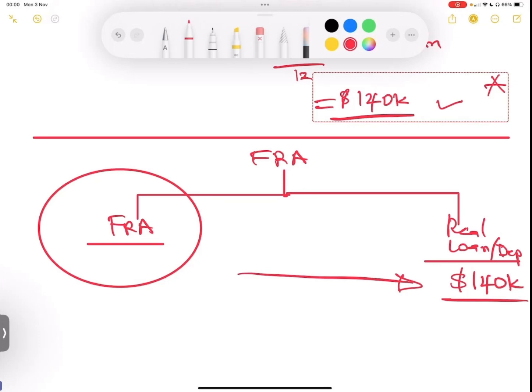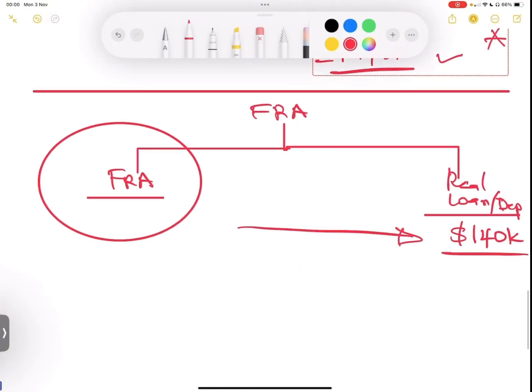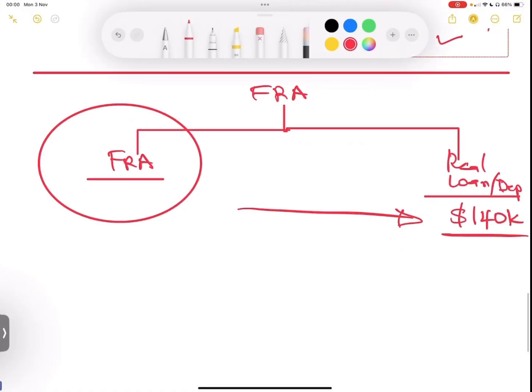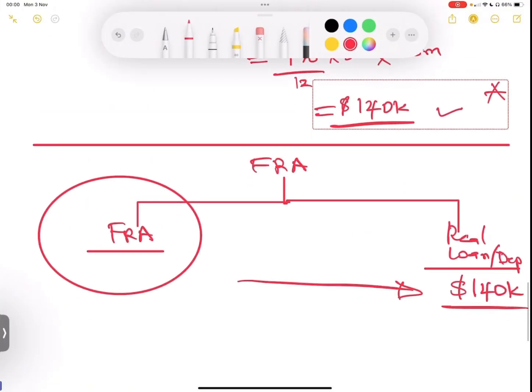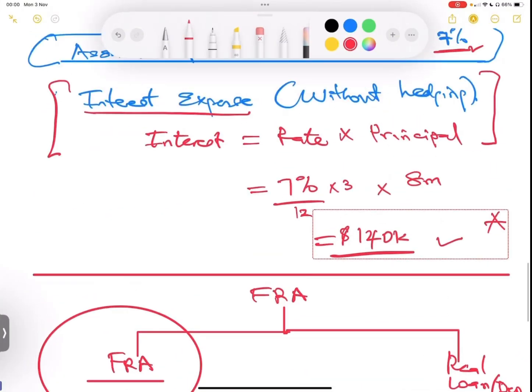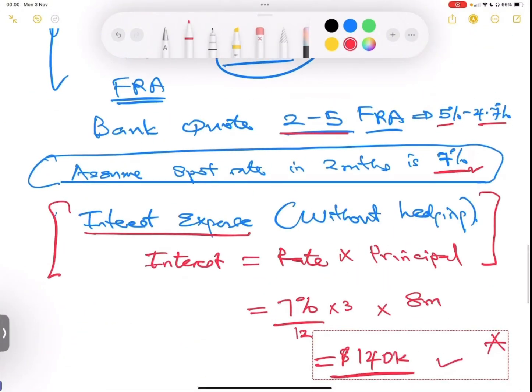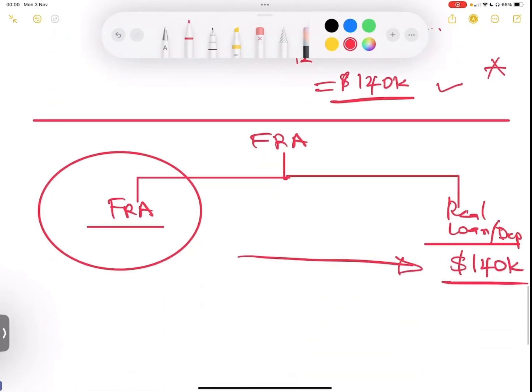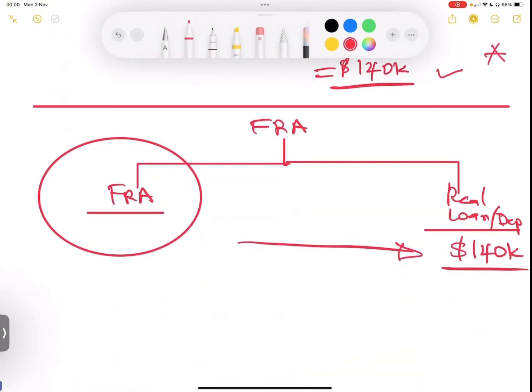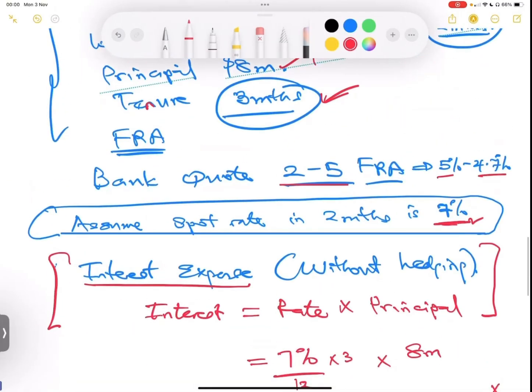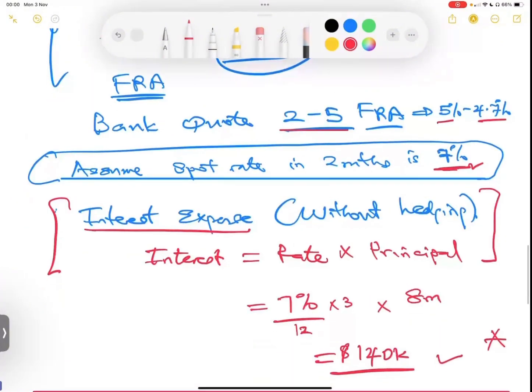So now let's see what benefit do we get if we decided to use FRA. What it means is that instead of paying 7%, that is the spot, you have already fixed the borrowing rate at 5%, because this is the rate the bank will lend you the money at.